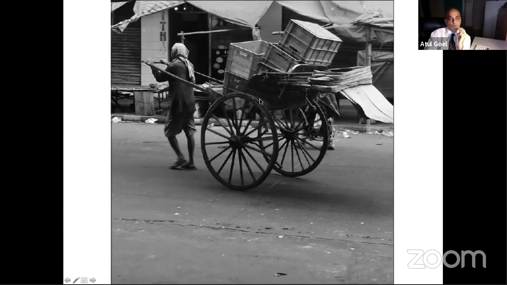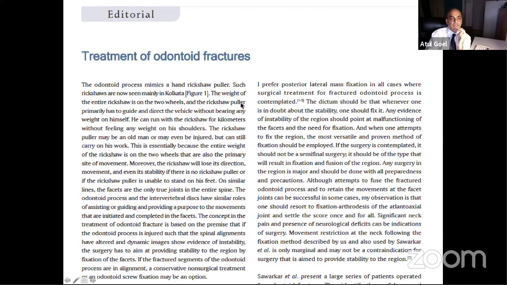This poor man is driving this rickshaw, sometimes with very heavy load. And this rickshaw he can run very furiously. So in this article I had written, and if you can read this, such rickshaws are now sometimes seen in Kolkata, in one big Indian city.